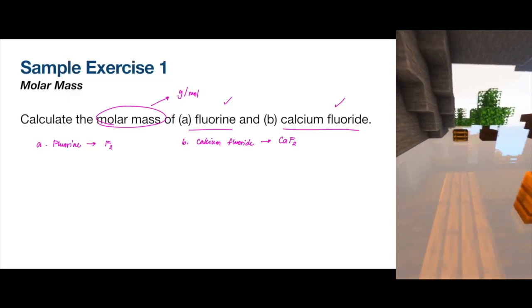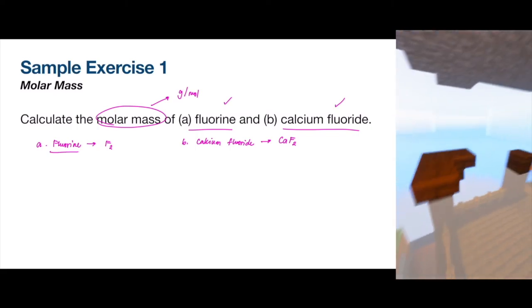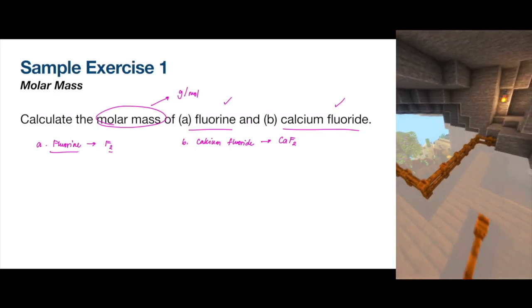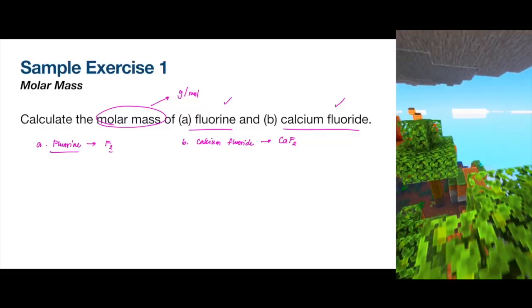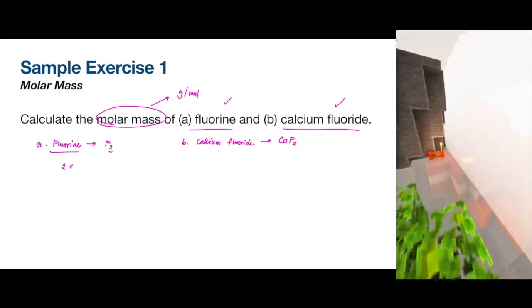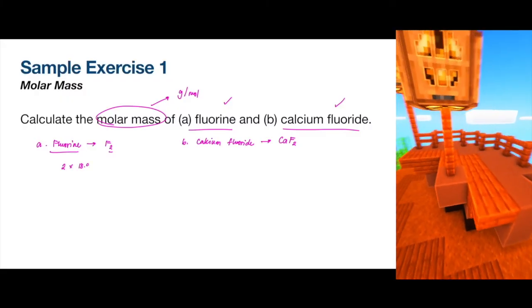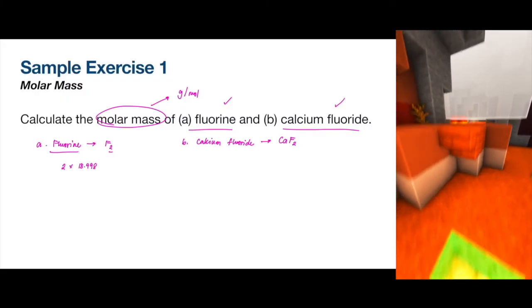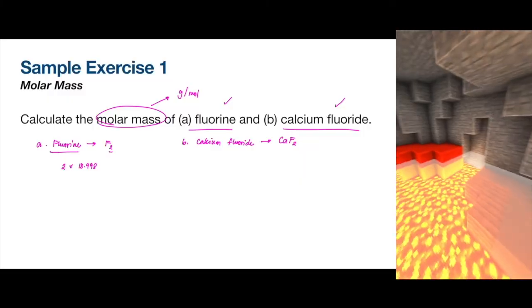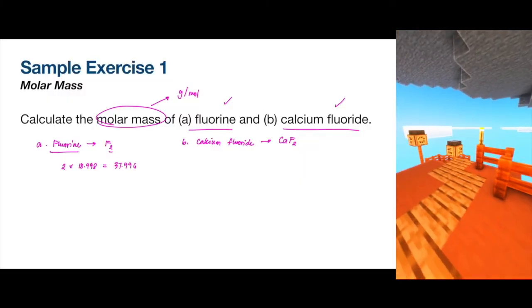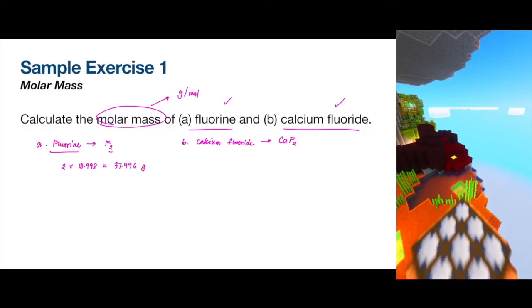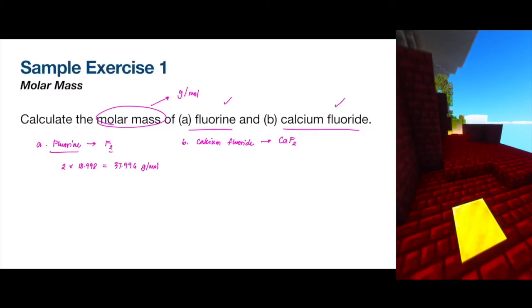As we can see here in the fluorine molecule, there are 2 fluorine atoms. Therefore, we will solve it this way. 2 fluorine atoms times 18.998, its atomic mass based on the periodic table, and the answer is 37.996, and the unit will be grams per mole.